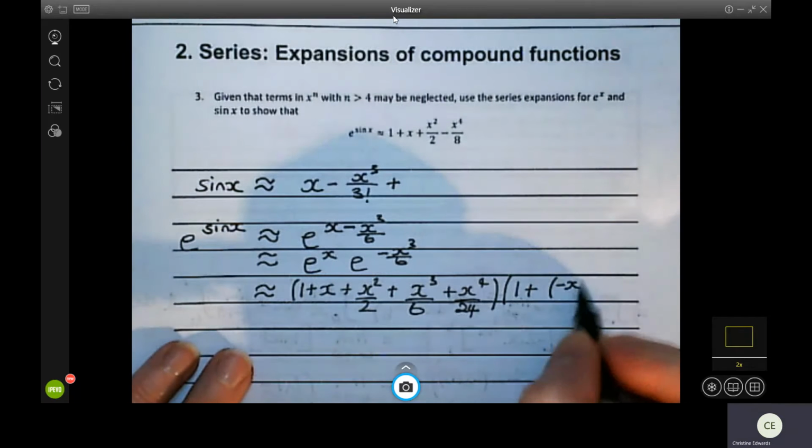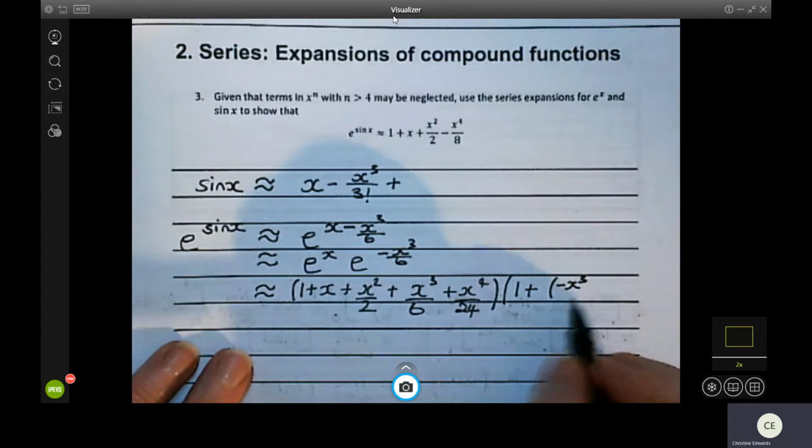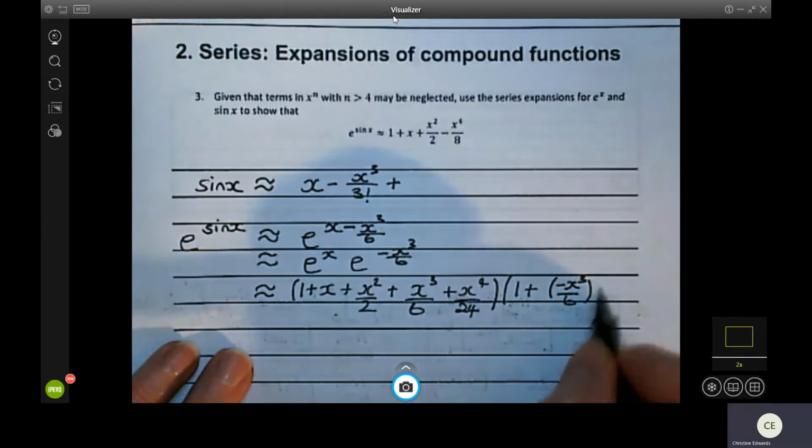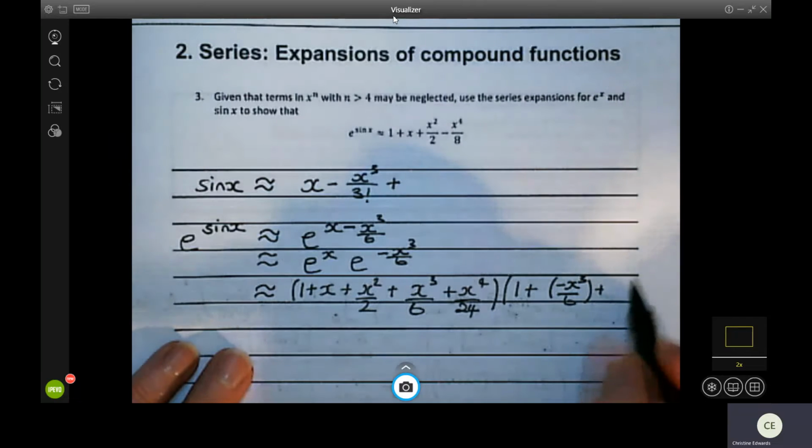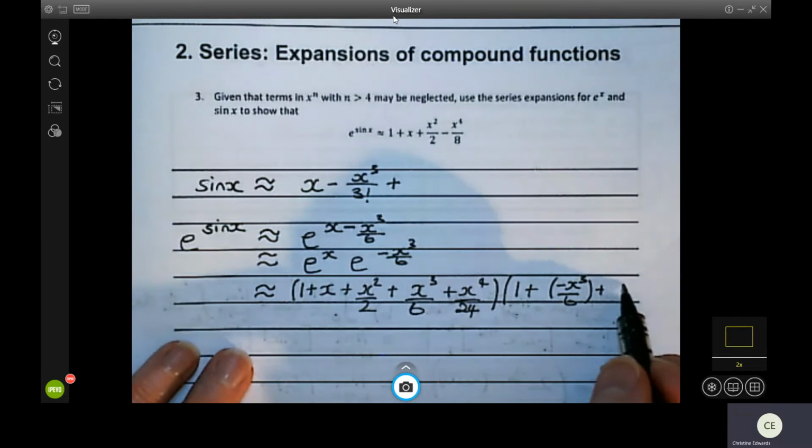minus x cubed over 6 plus. Now, let's think about this. If I were to have another term, that would give me x cubed squared, which would be x to the 6, so I don't need that.